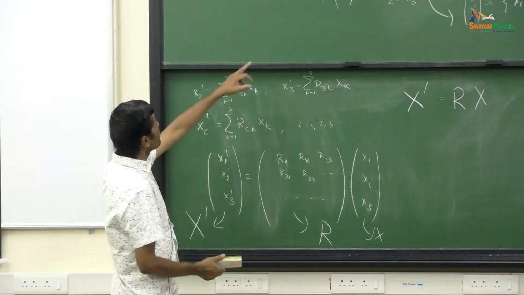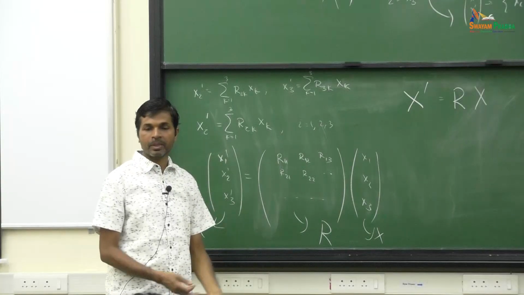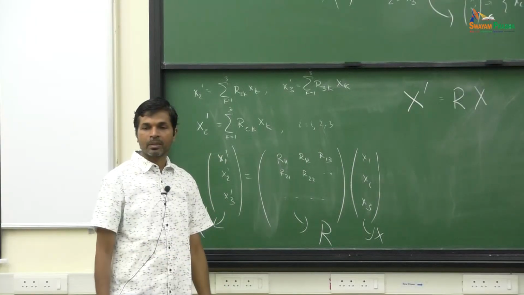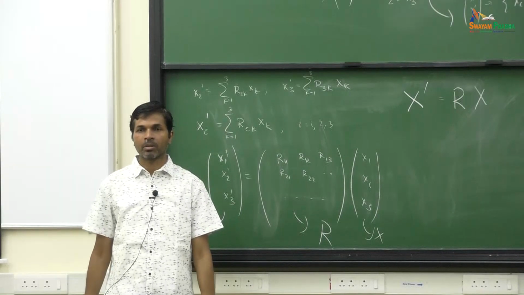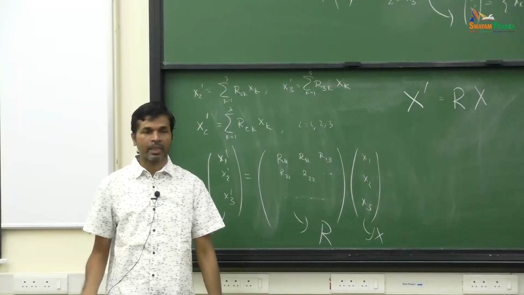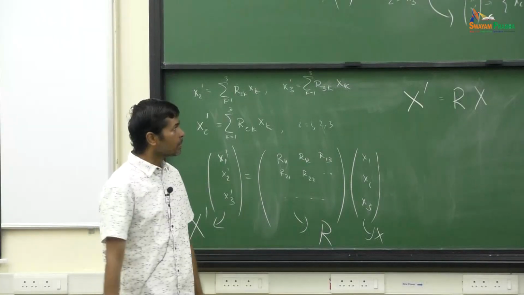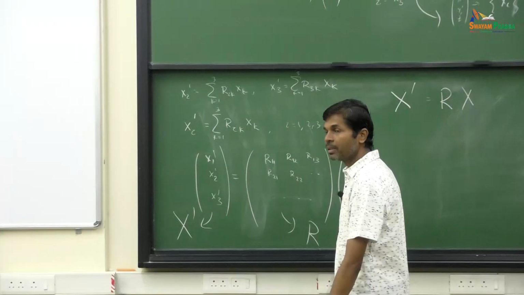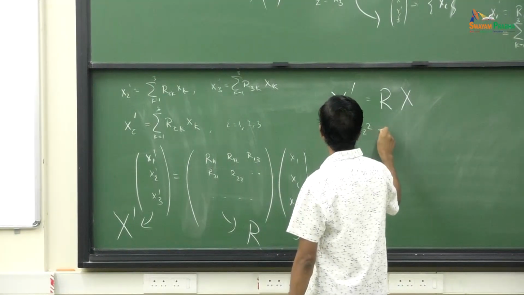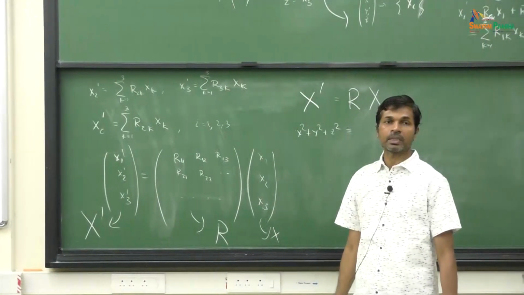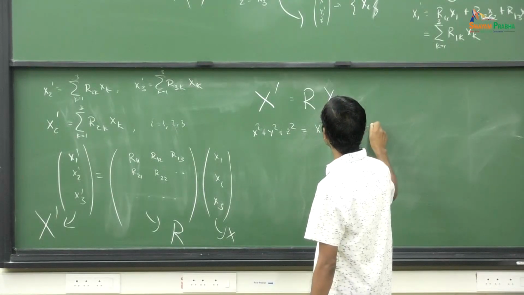Although the rotation changes the components, x prime, y prime, z prime are different, if you look at the length of a vector, it remains unchanged. No matter which way you rotate, the length of a vector remains unchanged. What is the length? It's just x square plus y square plus z square. So this quantity remains unchanged. In this sense, this will be same as x prime square plus y prime square plus z prime square.